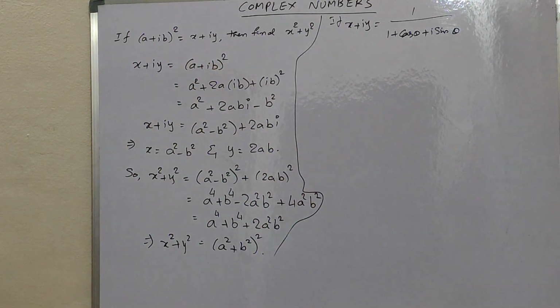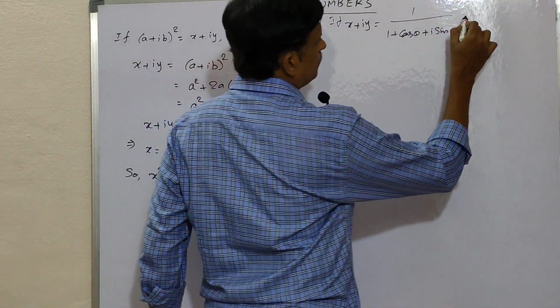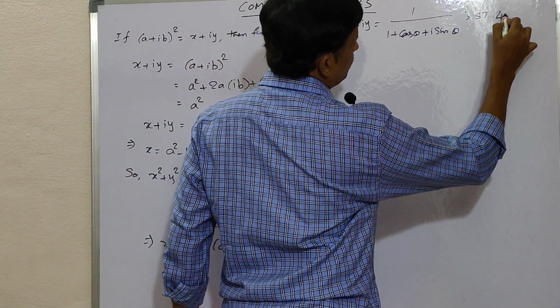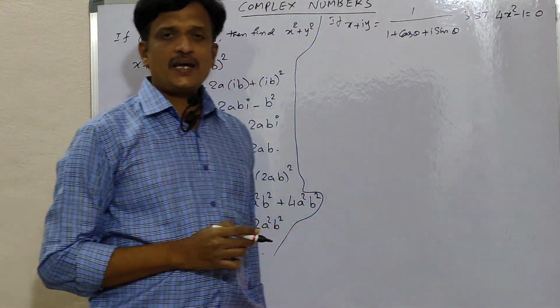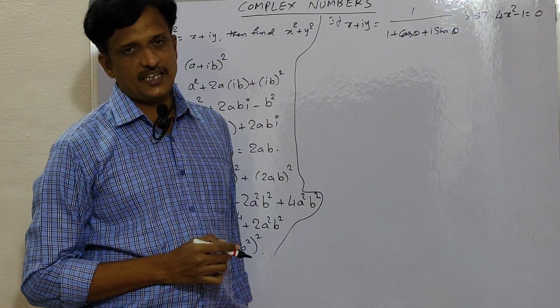Now we have to show that 4x square - 1 is equal to 0.